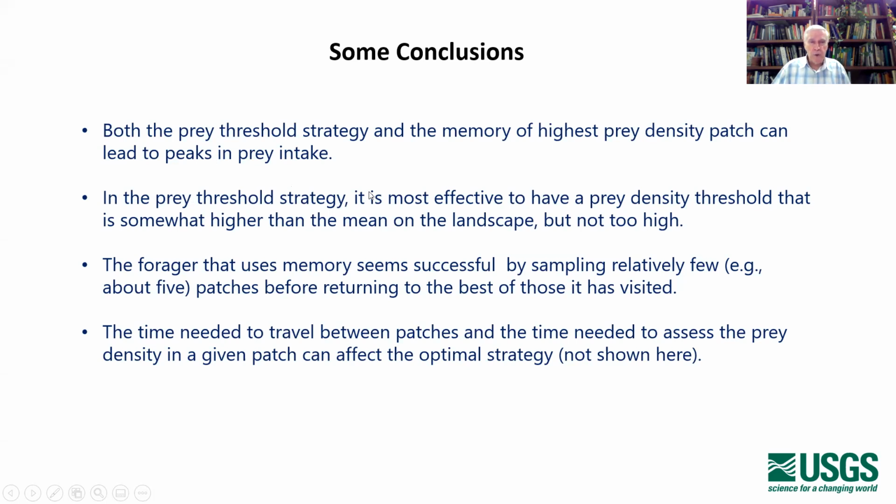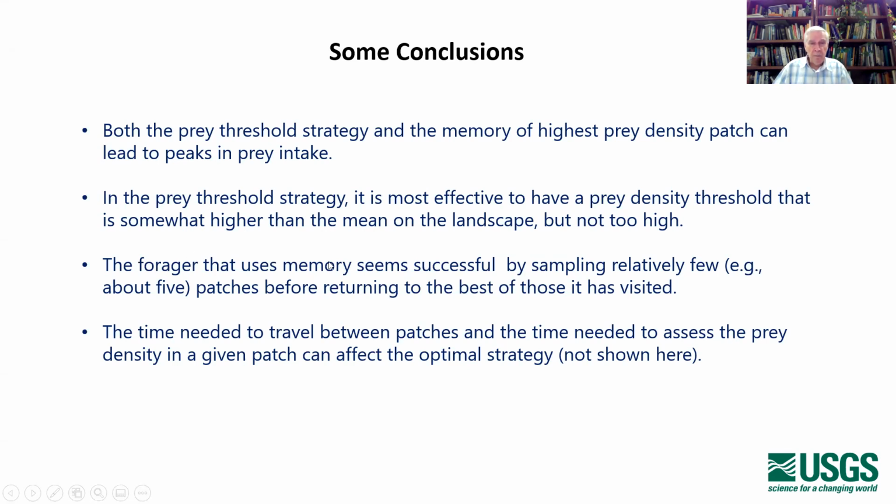In the prey threshold strategy, it's most effective to have a prey density threshold somewhat higher than the mean prey density on the landscape, but not too high. We didn't really show that here, but it can be shown.